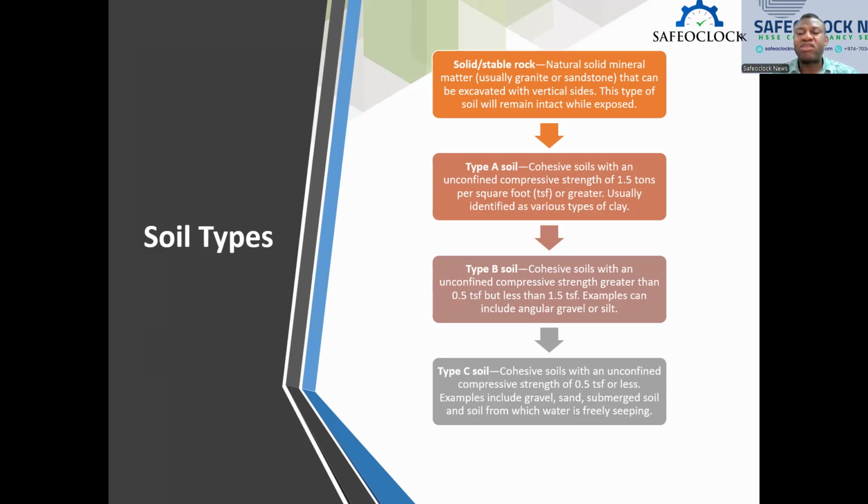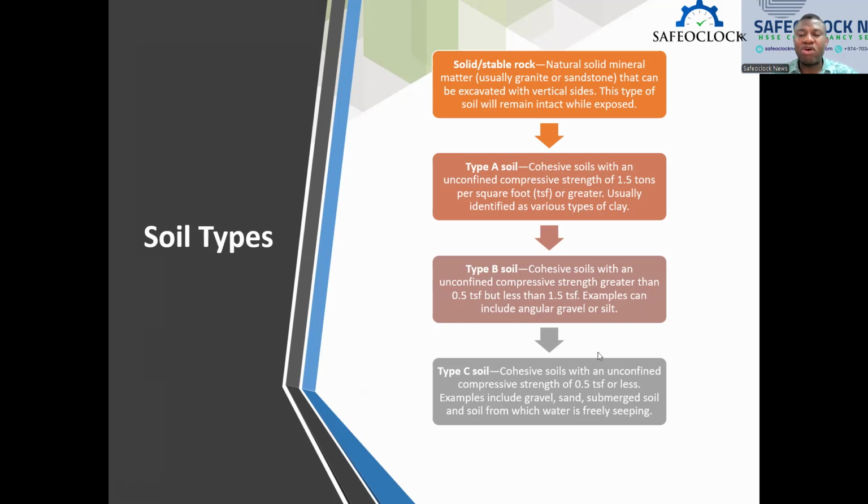Then type B soil is a type of soil that has a compressive strength that is greater than 0.5 tons per square foot, but less than 1.5 tons per square foot. So that is referred to as type B soil.